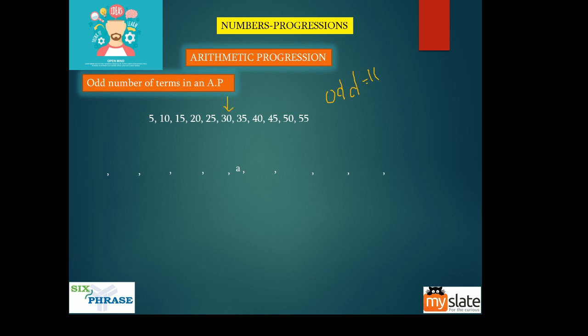This is the center term, right? Because here you have 5, here you have 5, this is the center, correct? When do you say something is in the center? When you have an equal number of things on its left side and right side. Here 30 has 5 terms on its left side and 5 terms on its right side, so we can say this is the center.